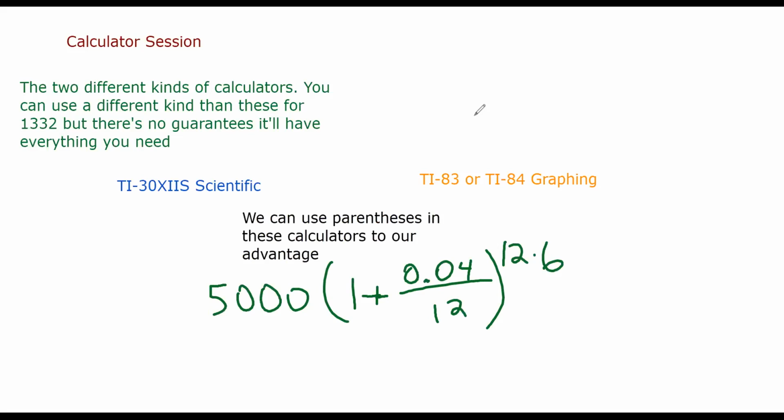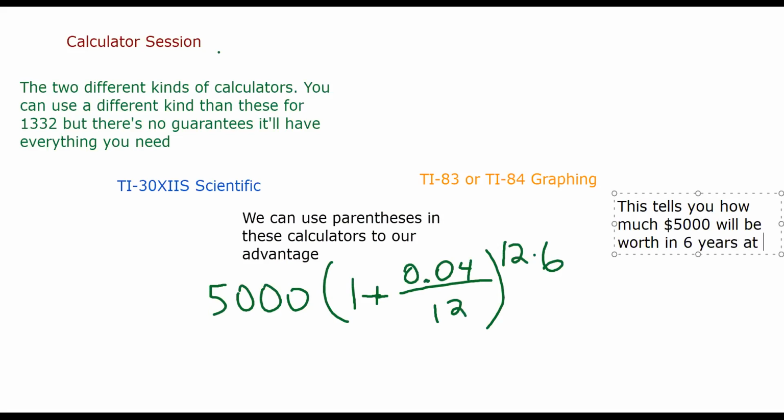What this tells you is how much $5,000 will be worth in 6 years at 4% interest compounded monthly.